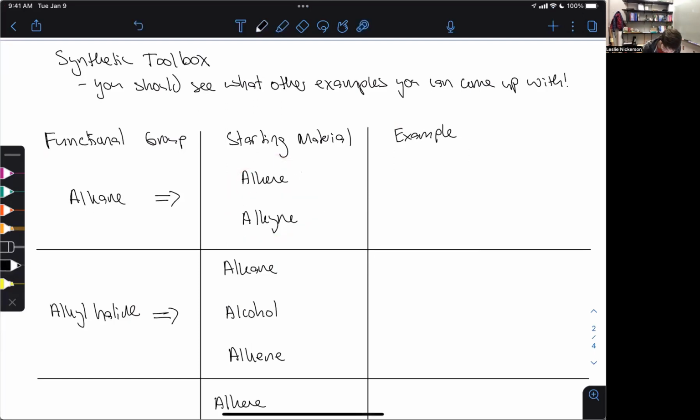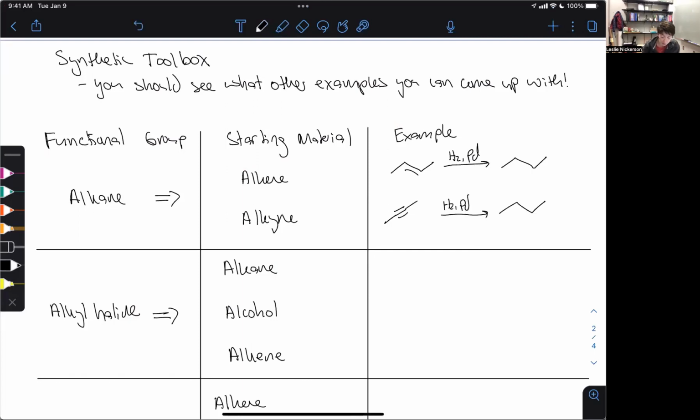Okay, so if I have this alkene and I do a hydrogenation with hydrogen and some kind of metal catalyst, I'm going to make an alkane. Same thing if I start with the alkyne and do my hydrogenation, I get to my alkane.